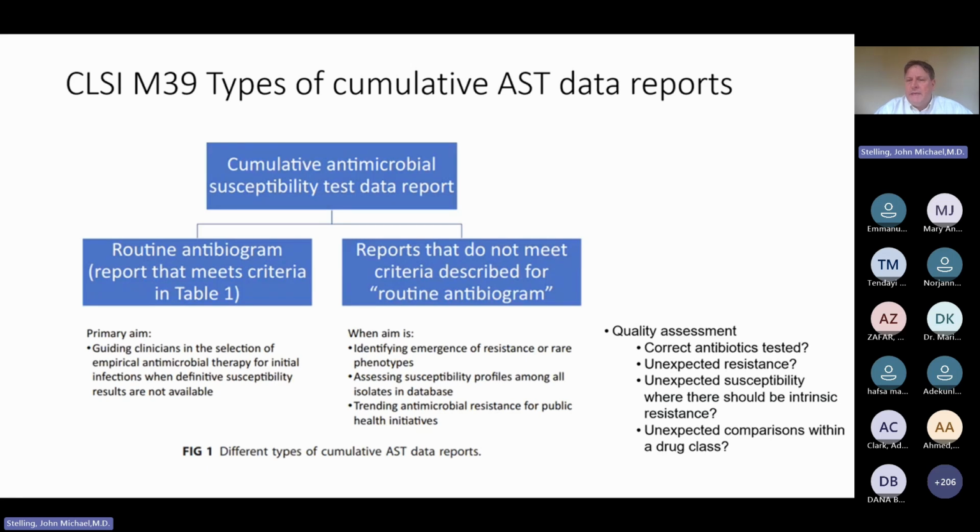Unless you have selective testing. As an example of this, gentamicin is an older aminoglycoside, amikacin is newer. So the amikacin susceptibility is usually better than the gentamicin susceptibility on a gram-negative organism. You will often see something like gentamicin 40% resistant, but amikacin 10% resistant.